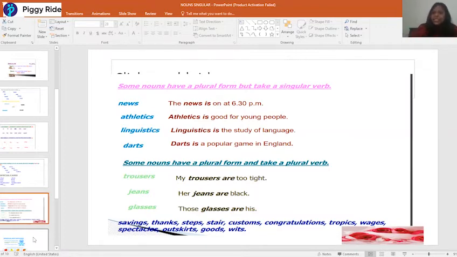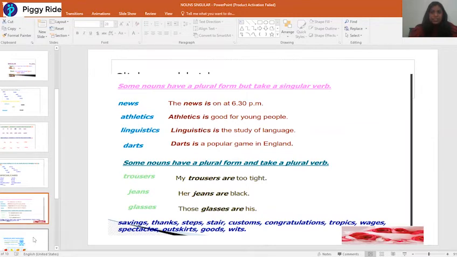Let me go to the next example, which is jeans. Her jeans are very tight. Her jeans are black. Her jeans are quite expensive. So, we say jeans are, not is, okay? And now let me go to the next example, which is glasses.